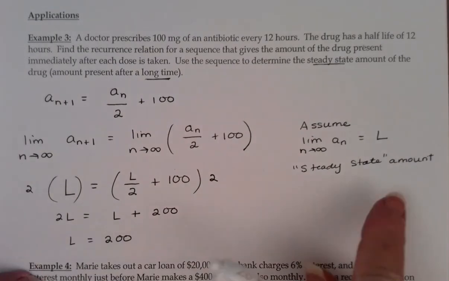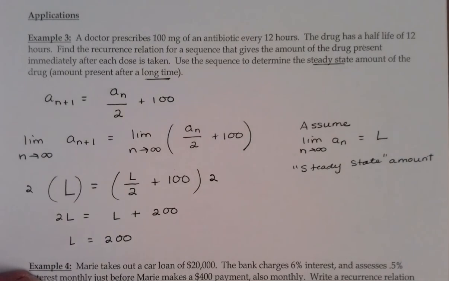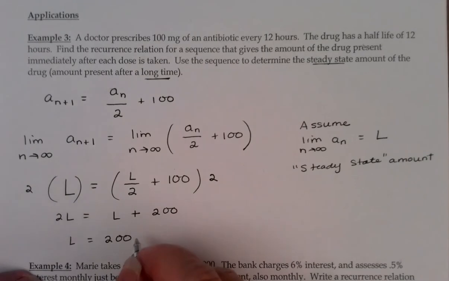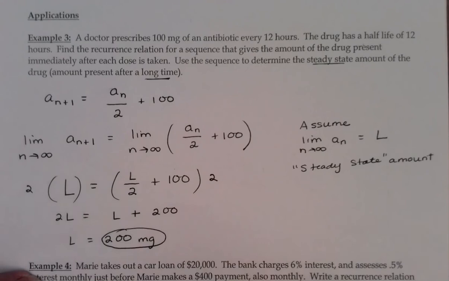So the steady state amount, or the amount of antibiotic in this patient's body after a very long time, remains stable at about 200 milligrams. And that's really the goal anytime a prescription is given, right? After you take this prescription for several days, ultimately the amount kind of levels off and stays steady. It doesn't keep on increasing indefinitely.